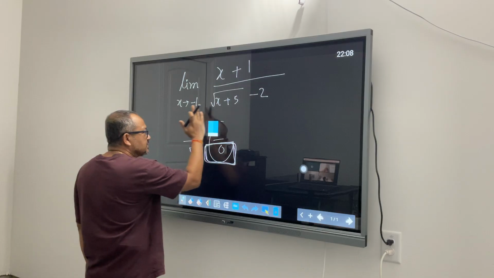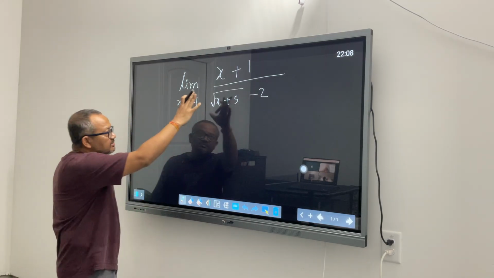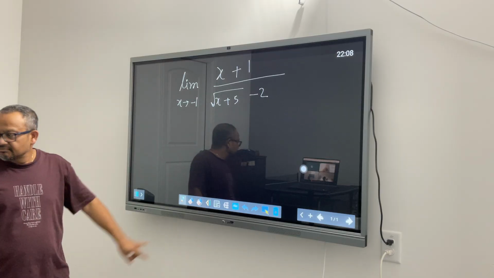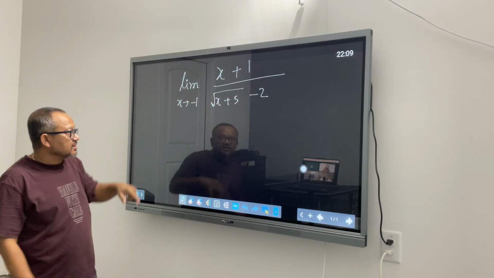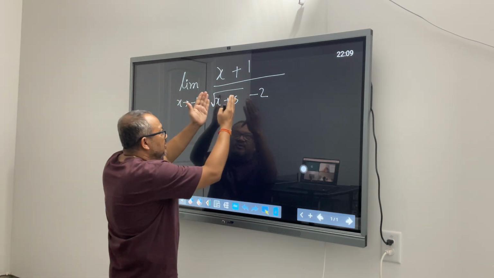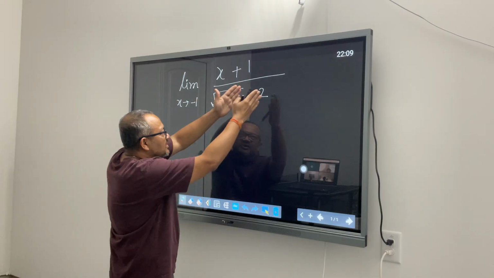So here, as I was giving the clue, it is somewhat similar to the conjugate. We will use the conjugate-like concept here. Let's say this is my real part, this is my imaginary part.